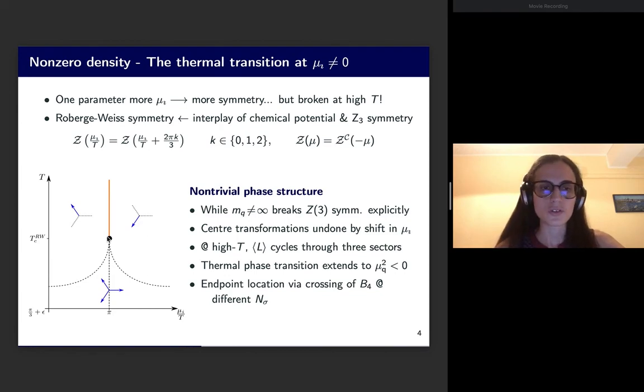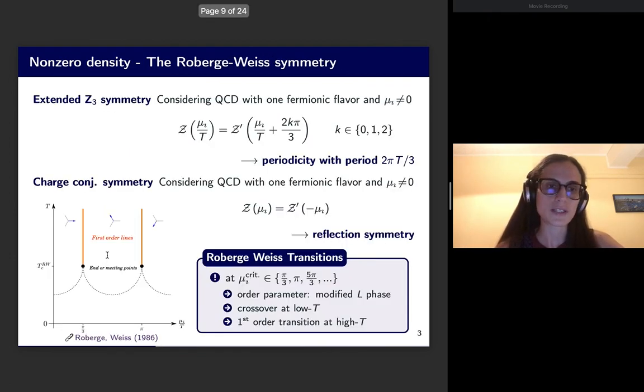And which distribution you look at depends on what Roberts-Weiss line you are sitting on top of. For example, if you are sitting here, it is enough to look at the imaginary part of the chemical potential, and that is telling you which sectors you are populating and when the population of the two sectors becomes symmetric, when do you have a two-phase structure pointing towards a first-order phase transition, and when at low temperatures you just have a crossover.